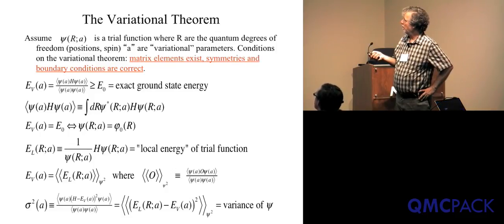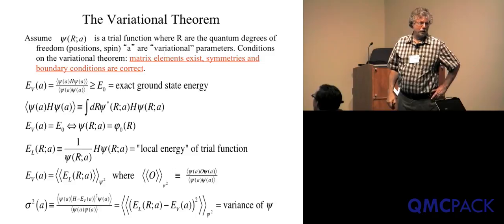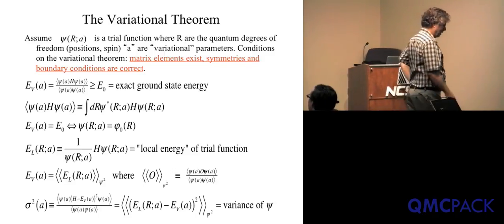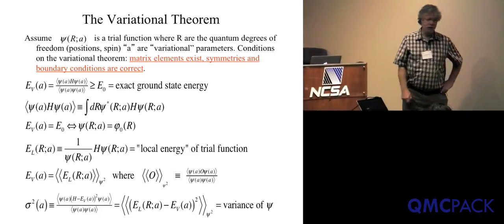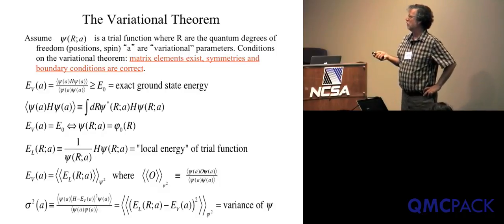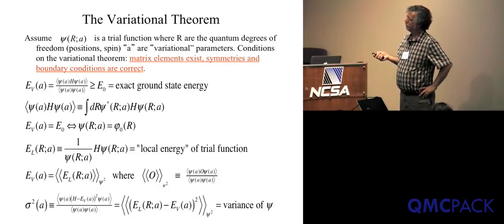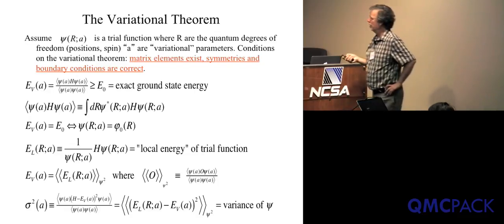Now, if in fact the variational energy equals the ground state energy, that means you've actually solved the Schrodinger equation. But of course, we don't normally expect that to be true, that we can solve the Schrodinger equation for many-body systems.